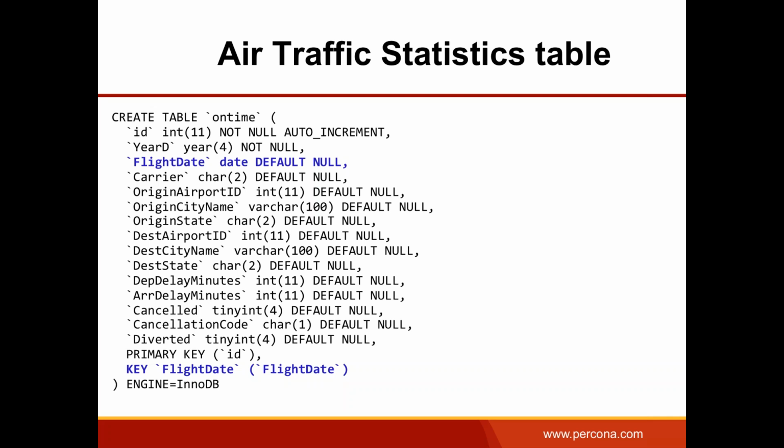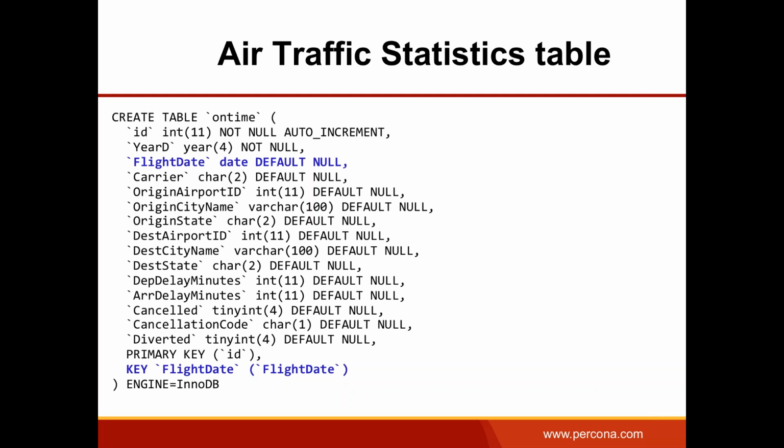The air traffic statistics data is available for download free of charge from the government website. It contains information about all the flights in the United States, including delays and cancellations and stuff like that for about 20 years.